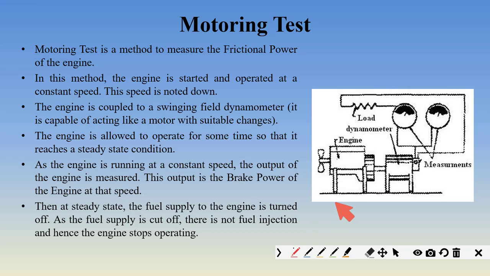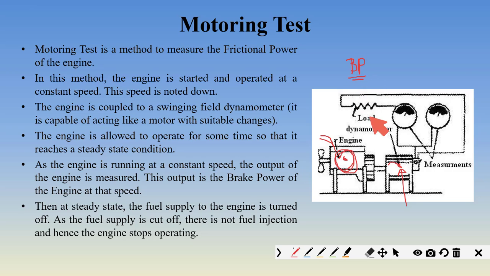I will explain it once again. Initially, this is your engine, it is working. We are sending in fuel, and this is our dynamometer. In this dynamometer, we have applied some load. This applied load is acting on the engine and the engine is producing power against this applied load. And that is why we can measure the brake power of the engine.